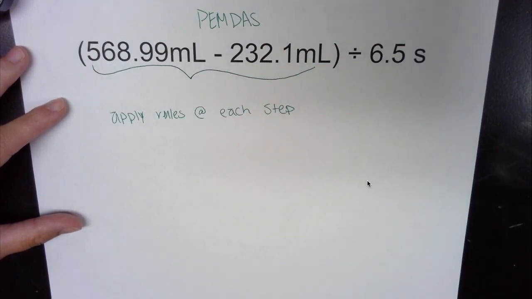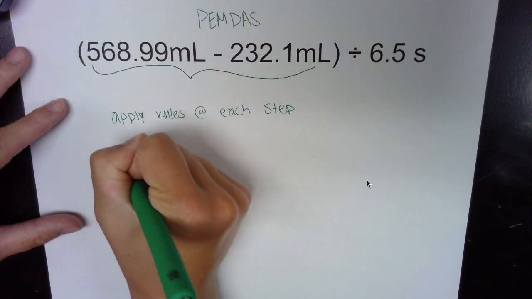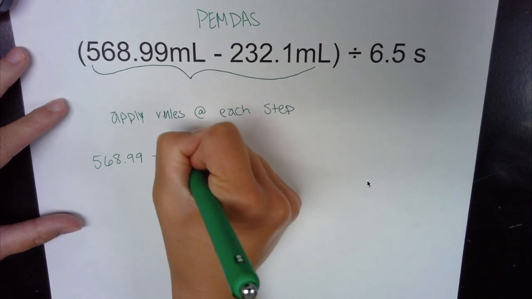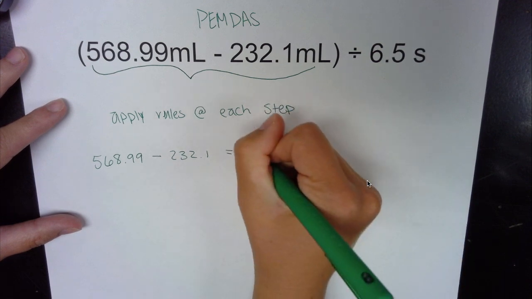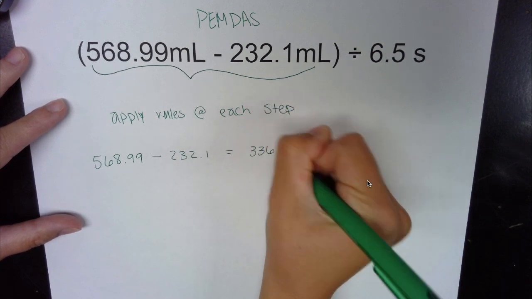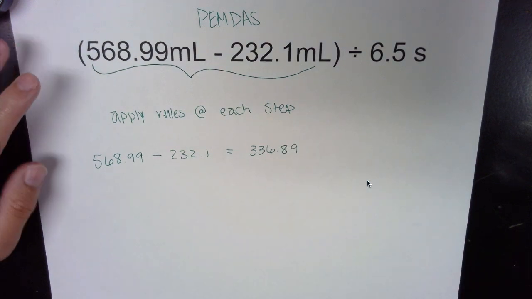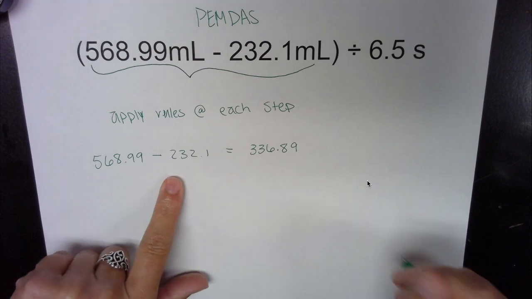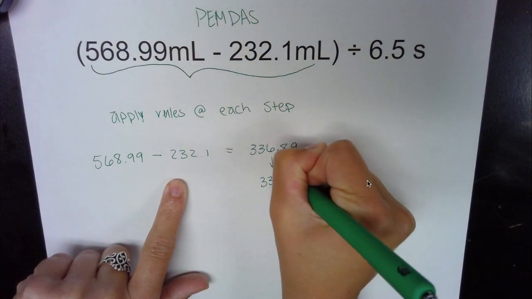Then move on to the second one. Okay. So when we do 568.99 minus 232.1, we get 336.89, which is unrounded. How many decimal places do we want to keep? Because it's subtraction, this is going to round to 336.9.